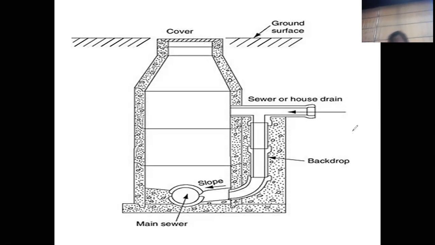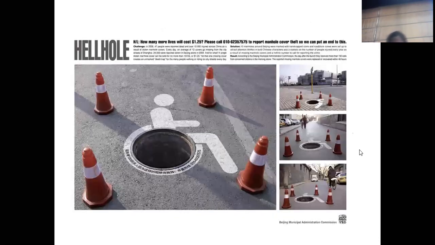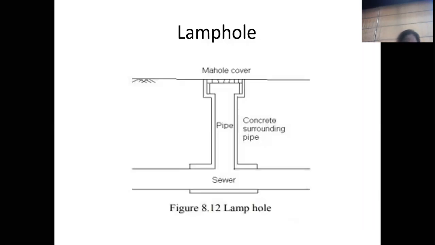See here how the manhole looks from the front or the top surface. Is it this kind? You might have observed this on the road. Okay, now this is the lamp hole. Please draw this structure, draw this figure first. I have explained that day.